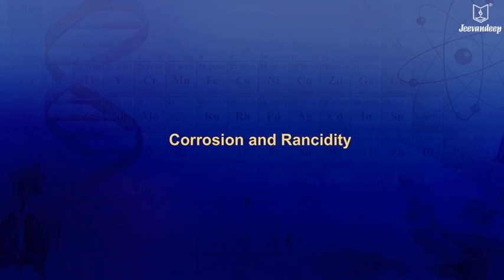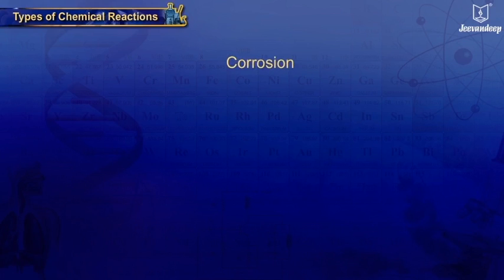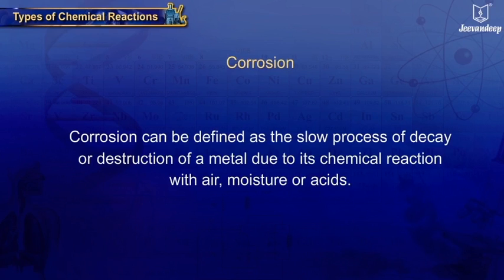Corrosion and rancidity. Corrosion. Corrosion can be defined as the slow process of decay or destruction of a metal due to its chemical reaction with air, moisture, or acids.